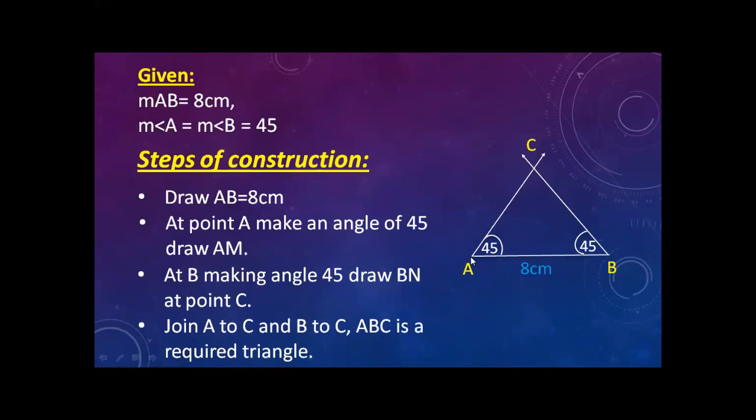Put your protractor on point A, then make an angle of 45-degree. Again, put your protractor on point B, make an angle of 45-degree. Now, in the last, join A to C and then B to C. So, this is our required triangle.